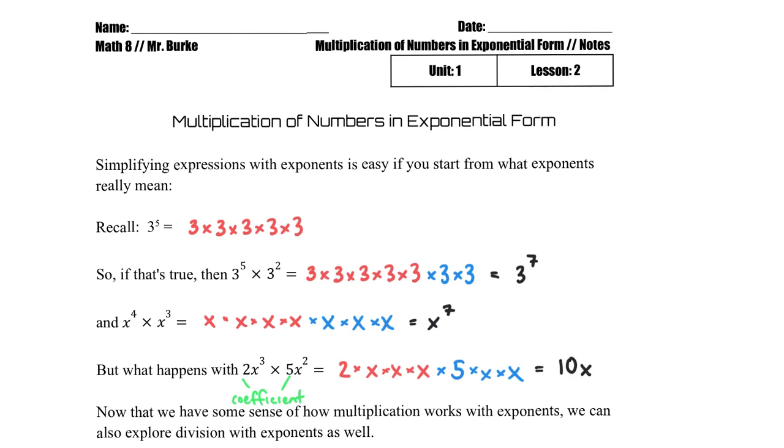And then how many times do I have x multiplied by itself? 1, 2, 3, 4, 5. I know there's a lot of x's there because of the multiplication symbols. So we multiplied the coefficients, and then we added our exponents. 3 plus 2 is 5.